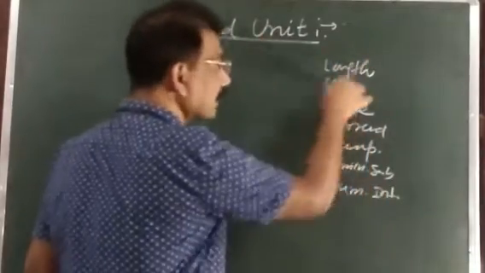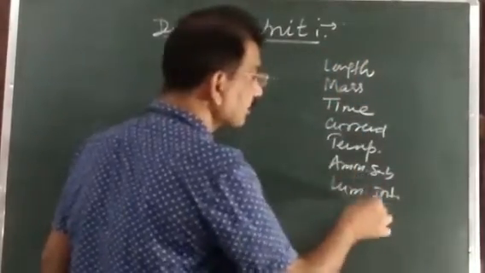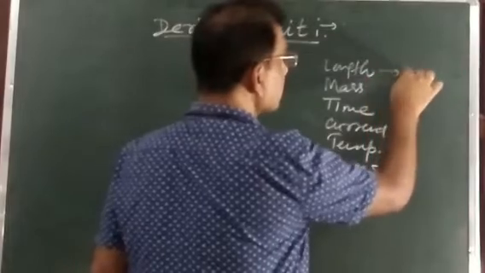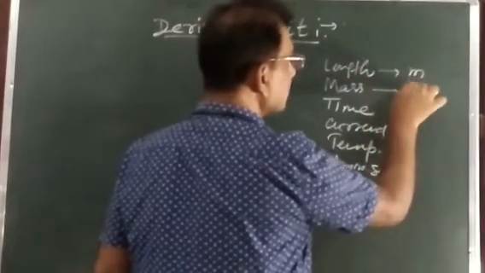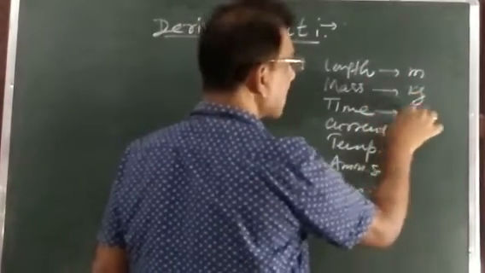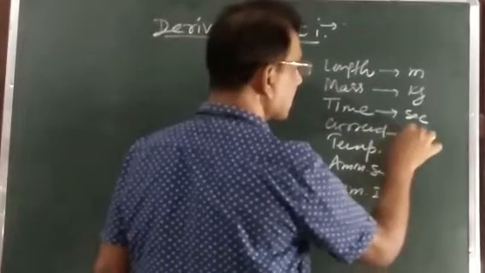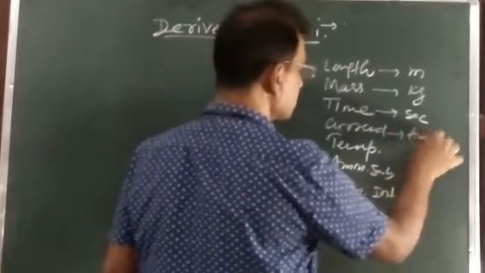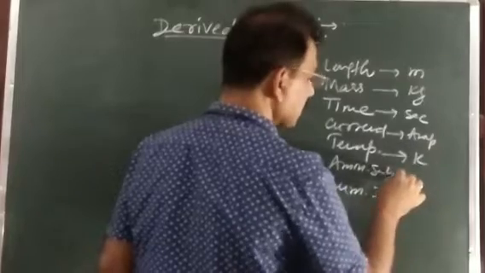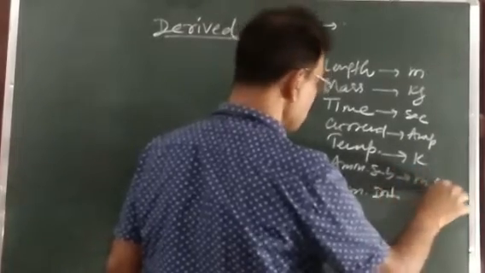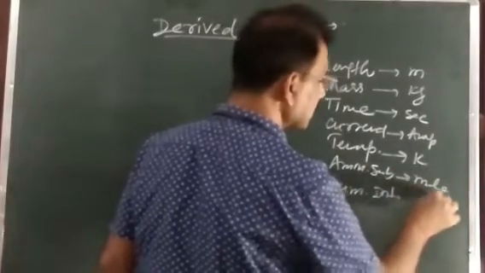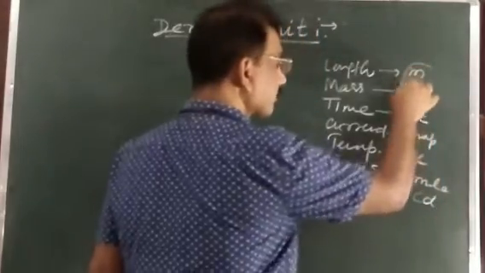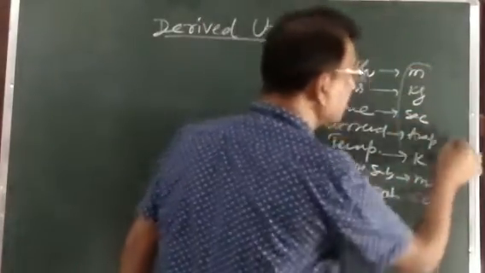These are the 7 fundamental quantities and their units: length is measured in meter, mass in kilogram, time in second, current in ampere, temperature in Kelvin, amount of substance in mole, and luminous intensity in candela. These 7 are fundamental units.